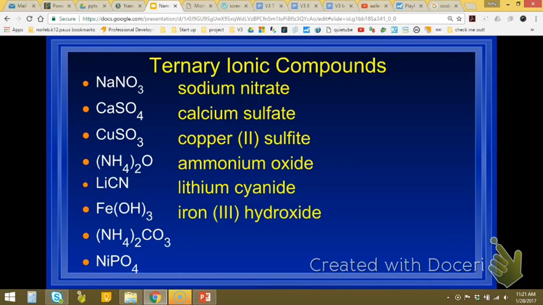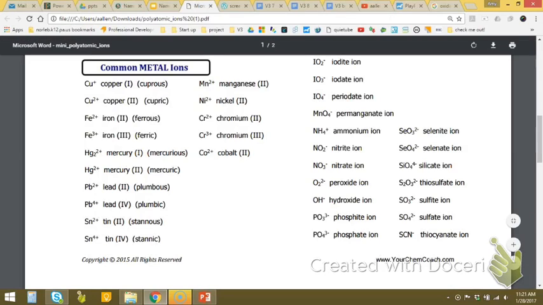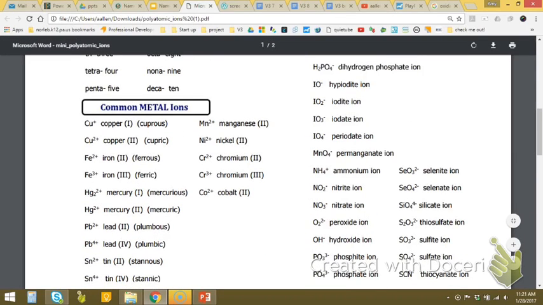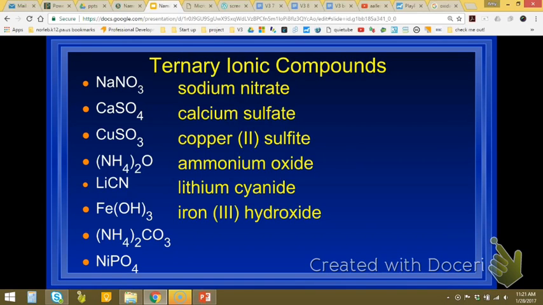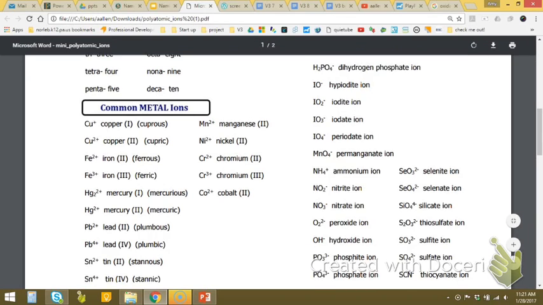Just 2 more to practice with. We have NH4 taken twice and CO3. All right, so our NH4 is, go back, NH4 is ammonium. That's worth +1. +1 and +1 because remember it was taken twice, so we're up to a +2. And the other part of this compound is CO3.